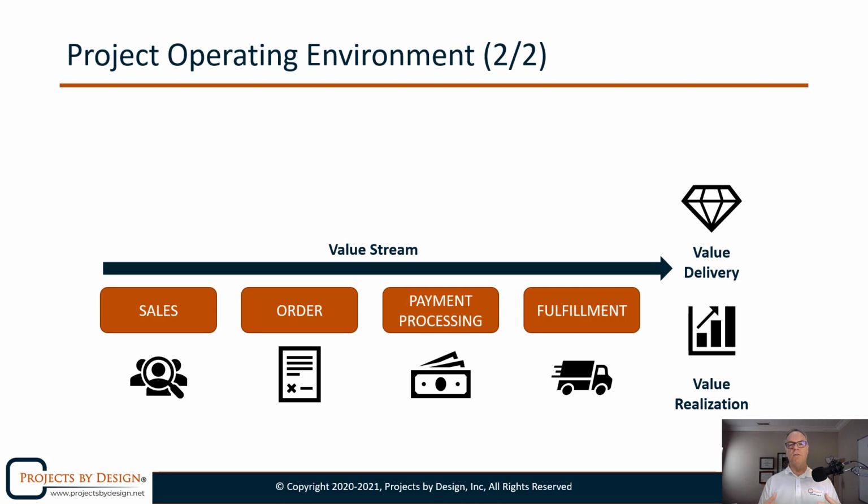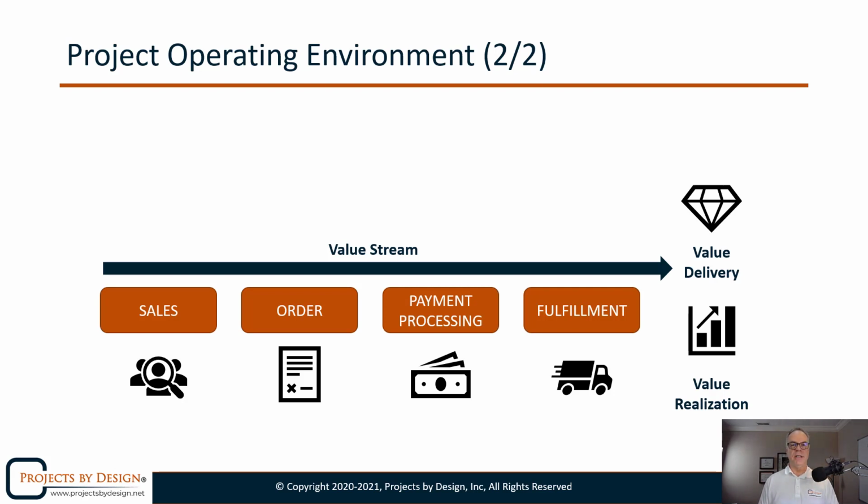That is what we call value realization. Value realization is optimizing or increasing the return. So the organization is primarily focused on these two things: delivering value to the customer and making the company, I should say, more effective by generating a higher return on what we're doing.